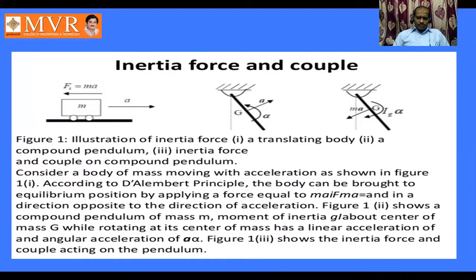Figure 1 shows a compound pendulum of mass m, moment of inertia IG about center of mass G, which while rotating has at its center of mass a linear acceleration a and angular acceleration alpha. Figure 3 shows inertia force and couple acting on the pendulum.